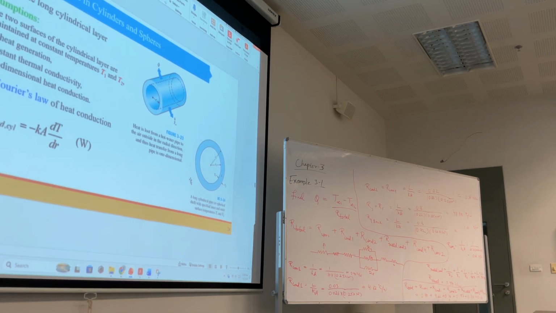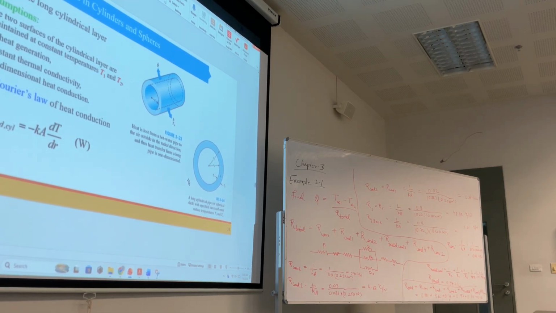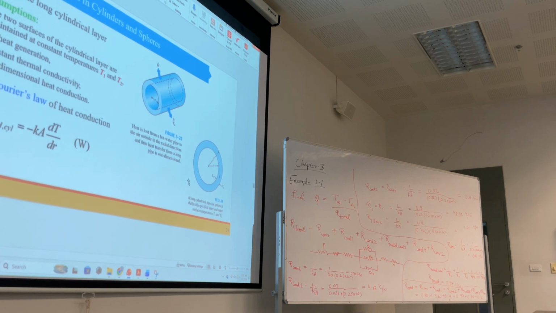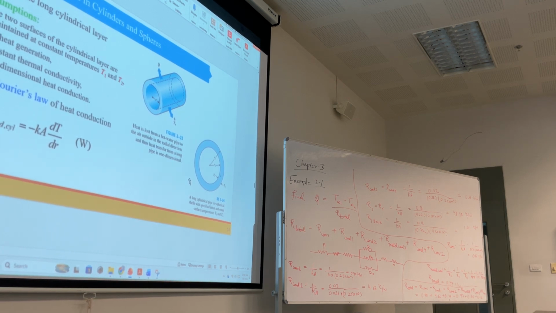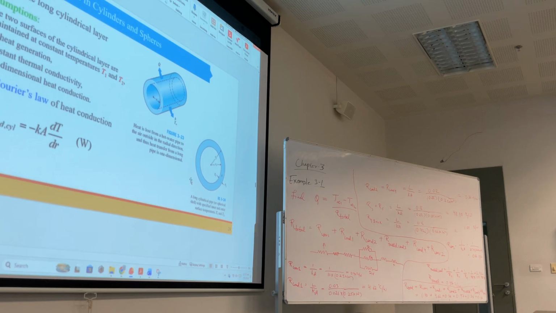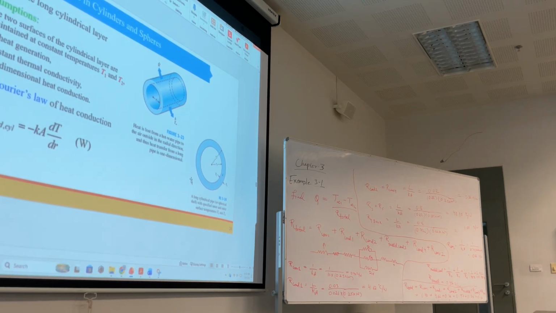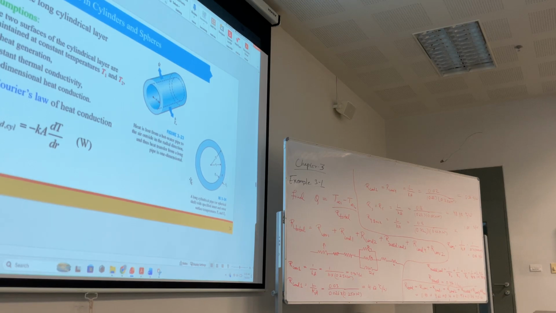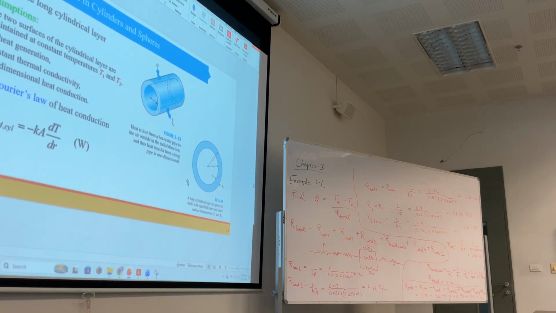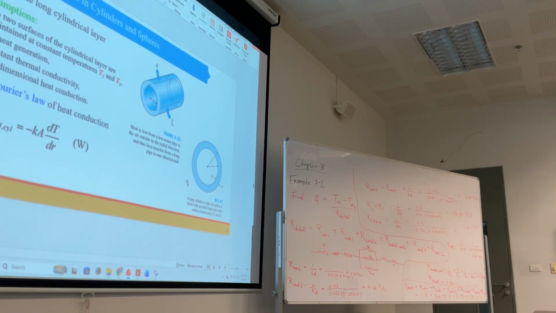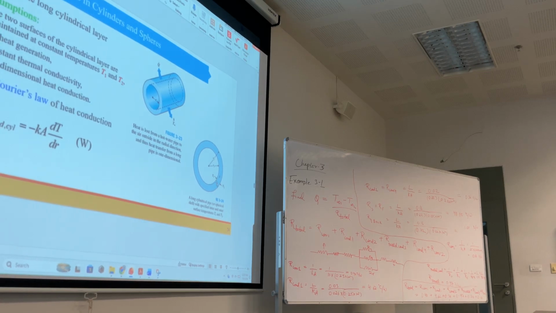Two surfaces of the cylinder layer are maintained at constant temperature T1, T2, no heat generation, constant thermal conductivity, one dimension heat conduction. Okay. So ideally you will calculate the heat transfer in the cylinder from T1 to T2 by conduction. This would be ideal, right?